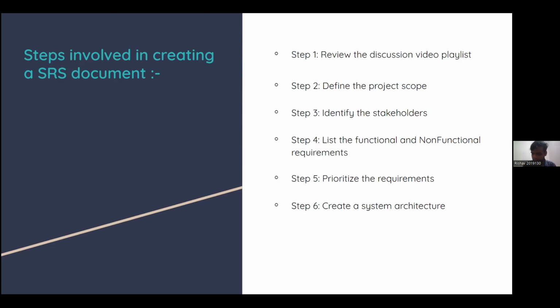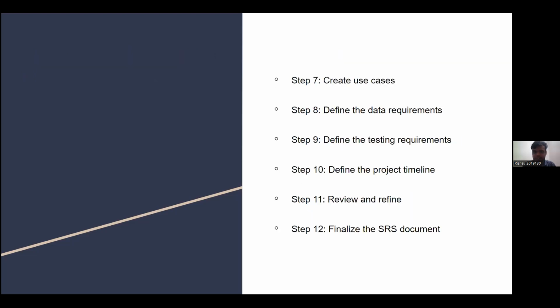Then after that, the next step is to create a system architecture. Then I defined the data requirements. For example, for taking the blood group, it should be A positive or something to make the requirement satisfied.